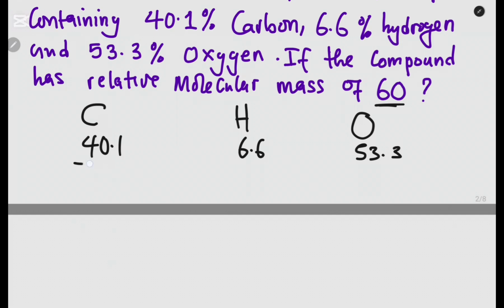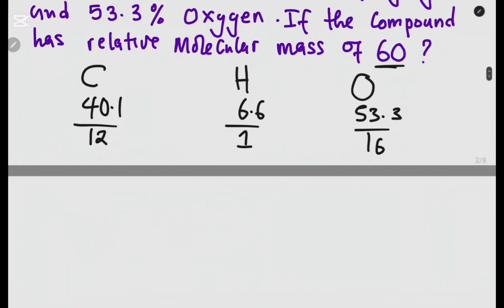So in this case, carbon is 12, hydrogen is 1, and oxygen is 16. So now what are we going to have when we divide?